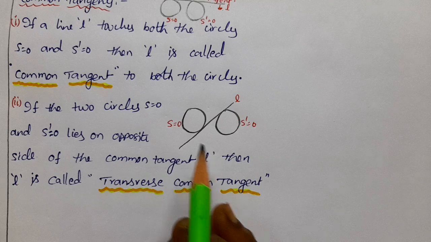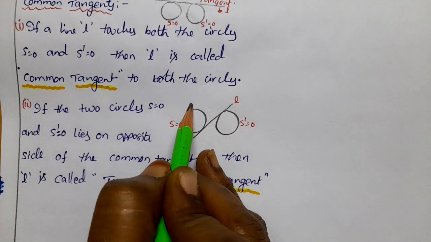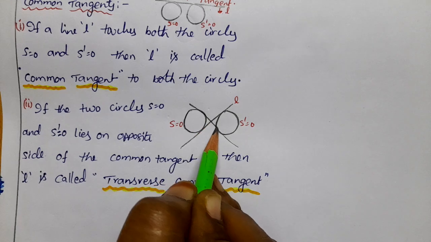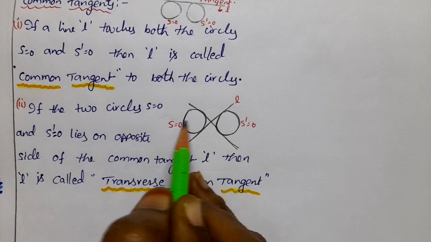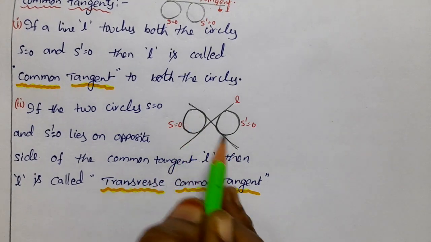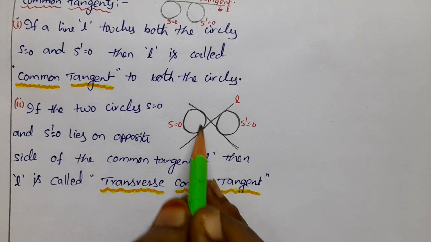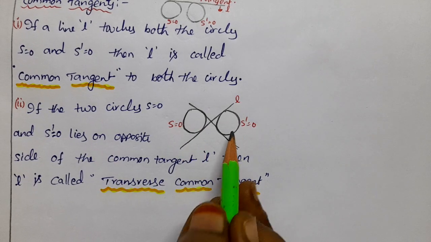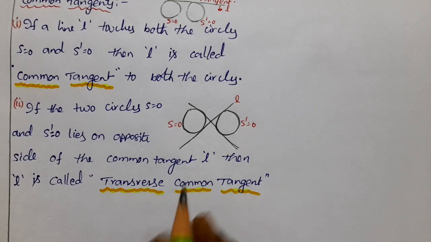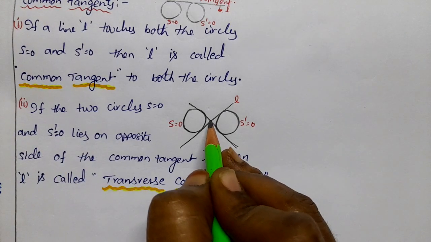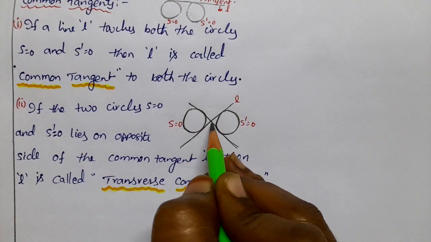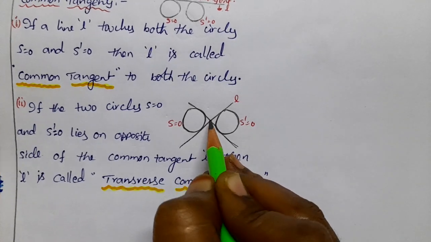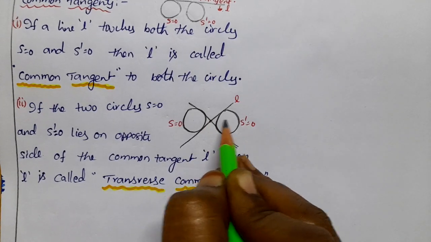If we draw another transverse common tangent like this, this is also a transverse common tangent because the two circles lie on opposite sides of this common tangent. So if we draw two transverse common tangents to the given circles, then the point of intersection of these transverse common tangents lies on the line C1 C2.